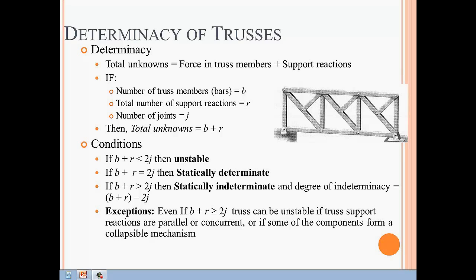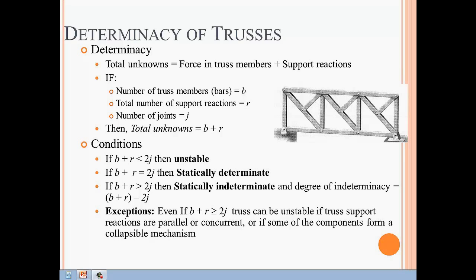For a truss, unknowns are external reactions. So if it is a roller, vertical reaction, and if it is a pin, vertical and horizontal reactions, and forces in each member.